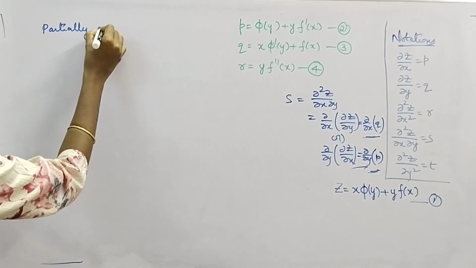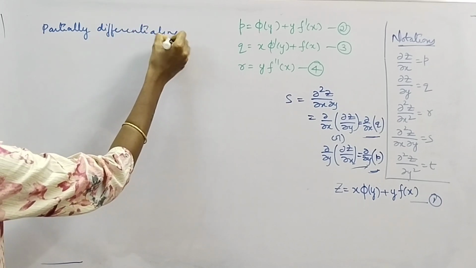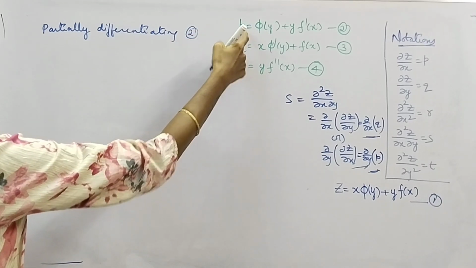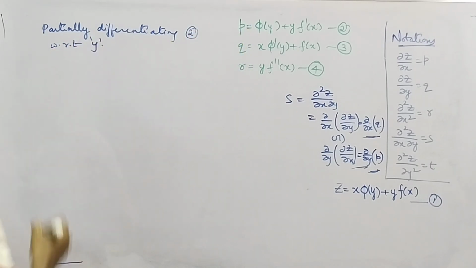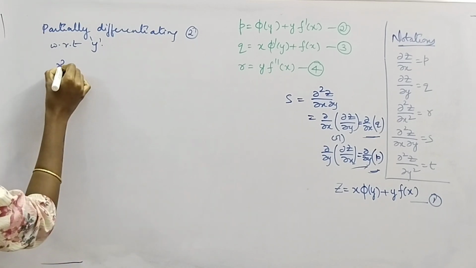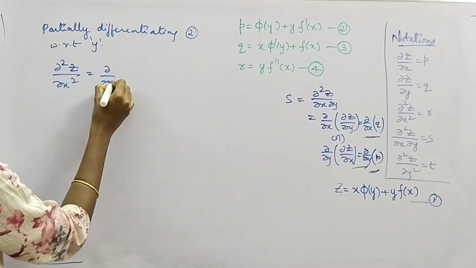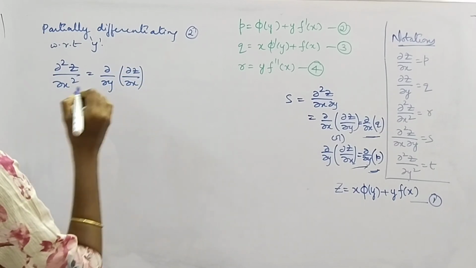Partially differentiating 2 with respect to y. Since dou square z by dou x square can be written as dou by dou y of dou z by dou x also.